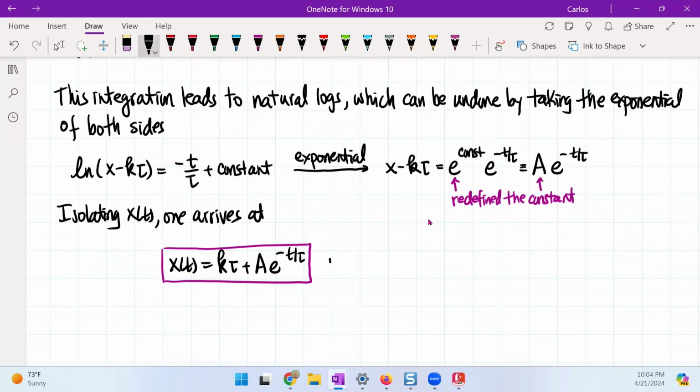This is what I call the general response. Remember, you can call it a solution, but it's not a complete solution. It's not a complete response.